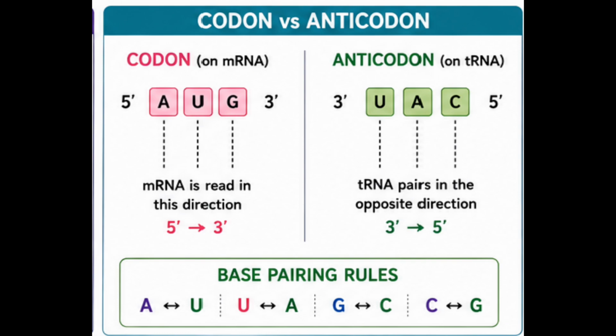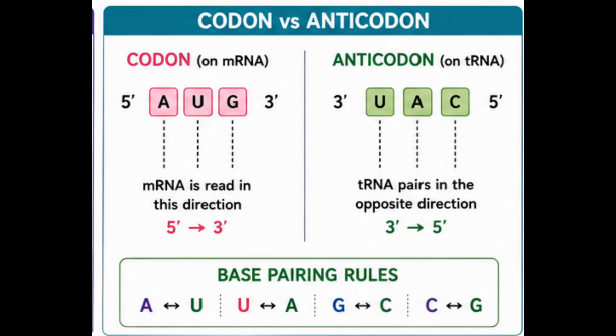For example, here we have the mRNA codon, which is AUG. Its complementary tRNA anticodon is UAC. Remember that in RNA, A pairs with U while G pairs with C. Notice also that mRNA is read in the 5' to 3' direction while the tRNA anticodons pair in the opposite 3' to 5' direction.